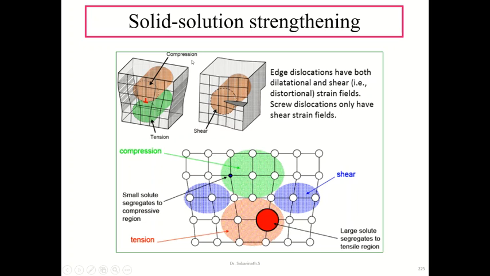But in the case of screw dislocations, there will only be shear strain fields. So here we can see both shear strain field and dilational strain fields. But in screw dislocation, we can see only the shear strain fields.